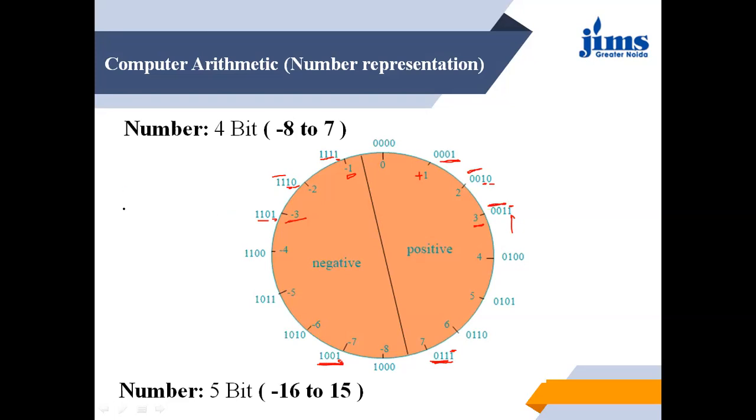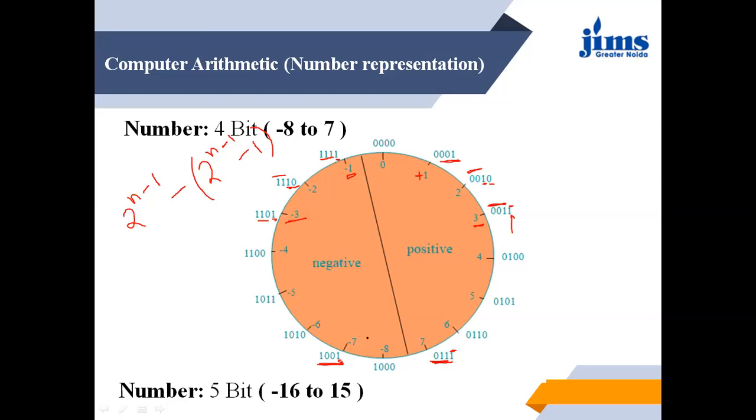But as we discussed, the range of a number in 2's complement form is -2 raised to the power n-1 to +2 raised to the power n-1, minus 1. This is the range of an n-bit number.